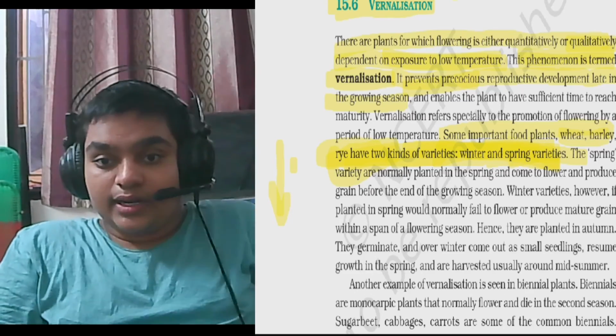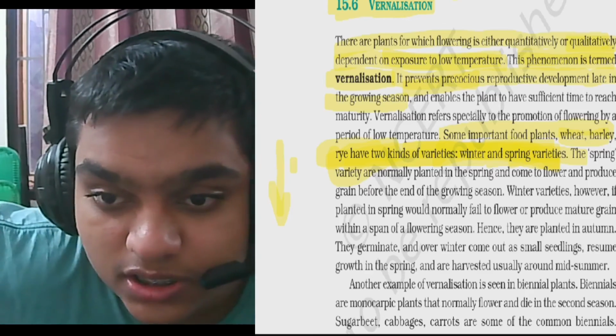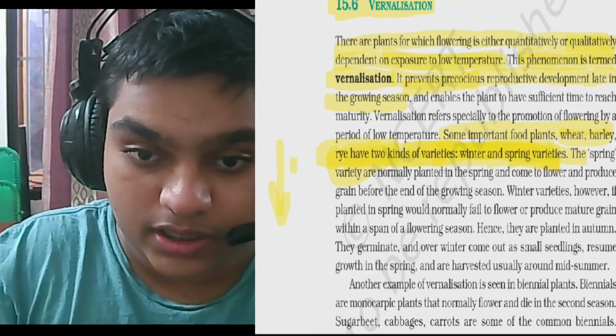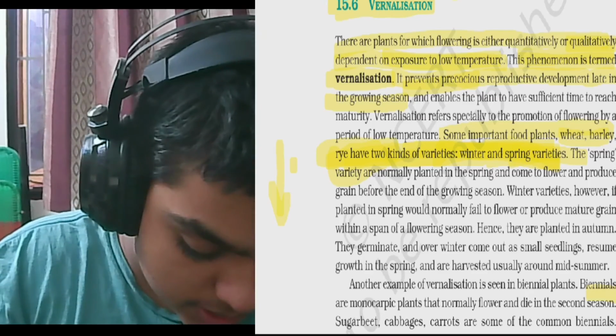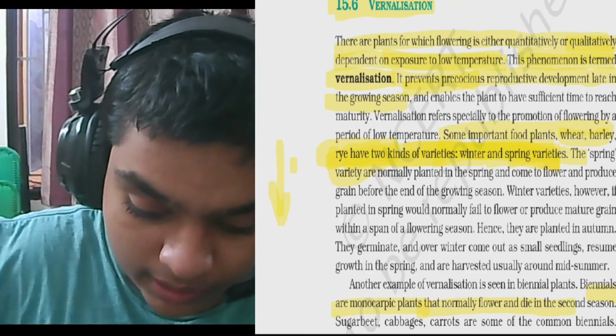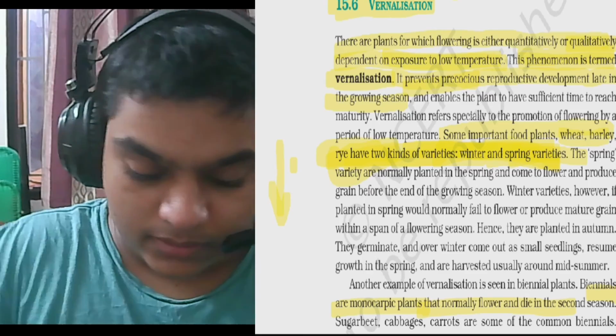Got it? And another example of vernalization is seen in biennial plants. Biennials are monocarpic plants that normally flower or die in the second season.